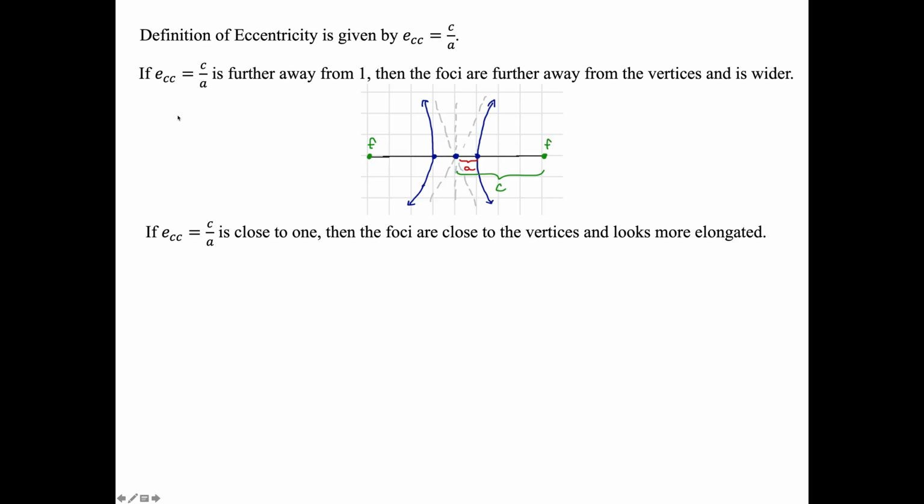If my c over a is closer to 1, then the foci are closer to the vertices, and I get more of an elongated, or skinny, hyperbola, if you will. All right, that wraps it up.